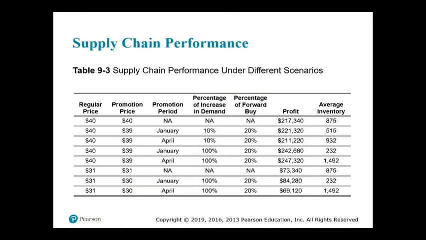How come change the regular price, change the best strategy? Base price. Profit margin. Profit margin, yes. So high profit margin would tend to favor the high peak promotion, and low profit margin, the low peak, low demand promotion.